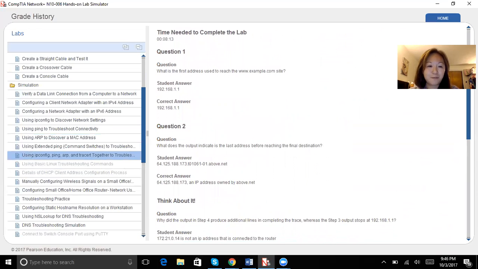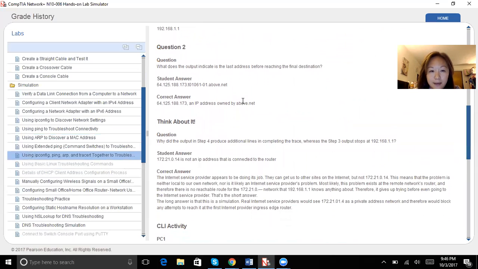I like that we did mention this during our live session, that typically connecting to a router does go through the 192.168.1.1. And when I actually typed in this answer, when it asked for the last address, the above.net is what owns it. So they actually were looking for just the IP address itself.